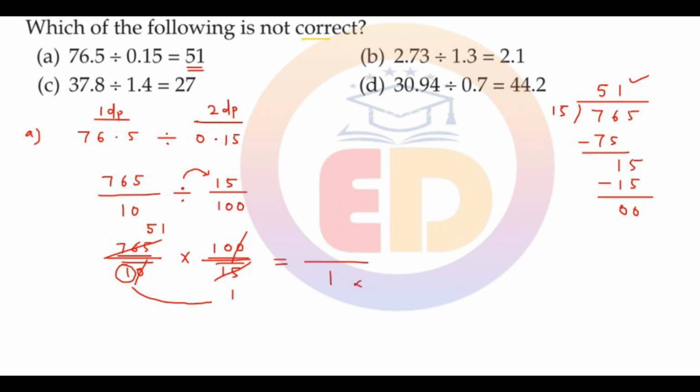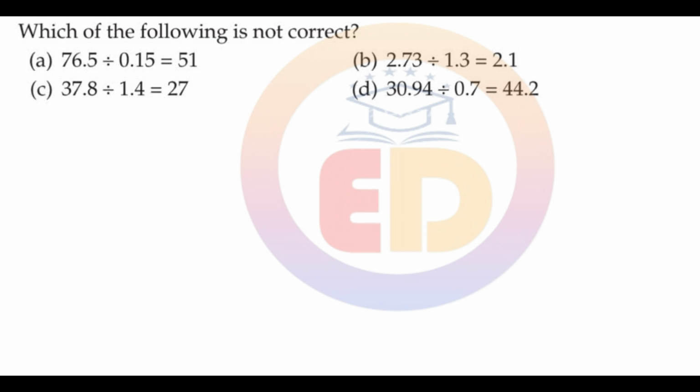In the numerator I have 51 multiplied by 10, which will give me 510. But in this option, the value they have given is 51. So this option is not correct. We have got the answer as option number A. But we'll still go and analyze the other options.